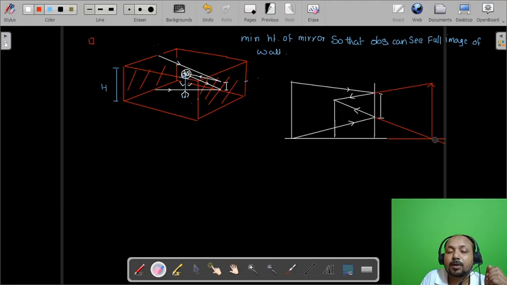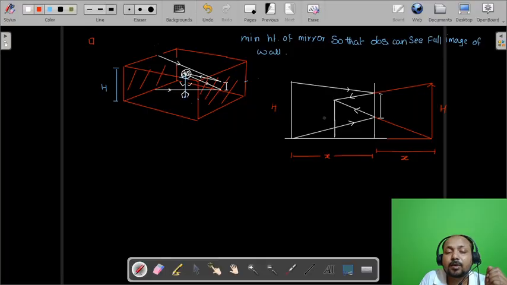Now see, this is the image of the wall that we have got. Okay, let's say here it is h, so this will also be h. If this is the distance that we have assumed, let's say x, this will also be x.